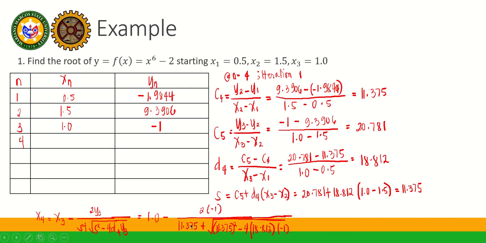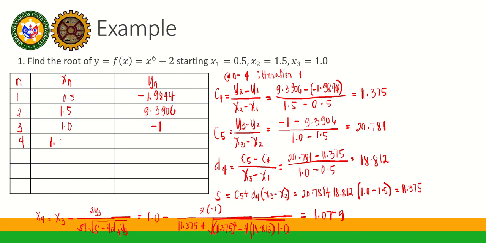Okay? So, since positive si s, yung gagamitin natin dito will be positive. Okay? So, if you are going to type this on our calculator, we will get a value of x sub 4 equal to 1.0779. So, ito ngayon yung ipa-plug natin sa ating table.